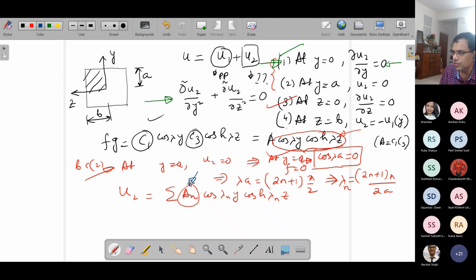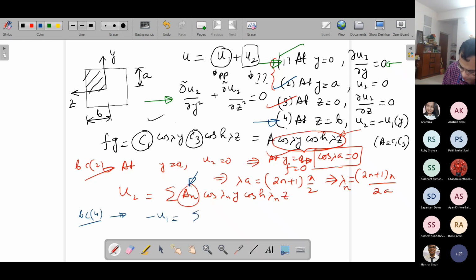What we are left with, we have used boundary condition number 2 just now. So what we are left with is boundary condition number 4. This we have not used. So let us try to see what we get by using it. So boundary condition number 4, if we apply, so at z is equal to b, u2 is equal to minus u1.